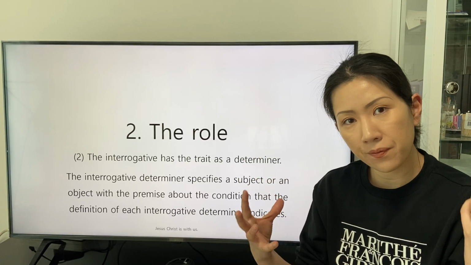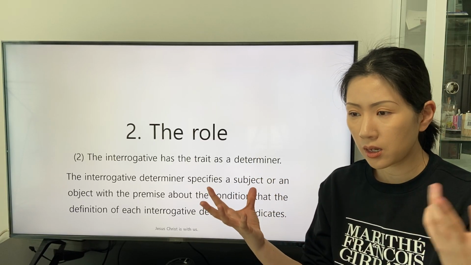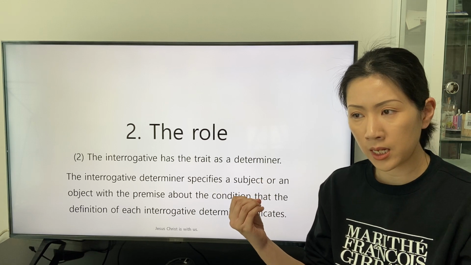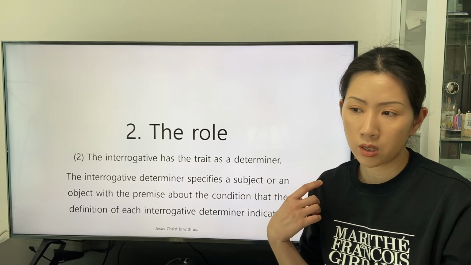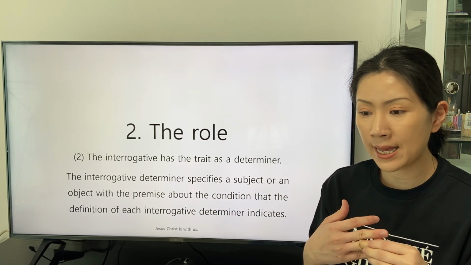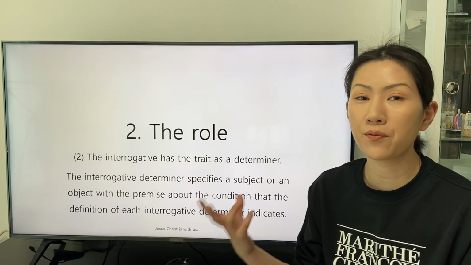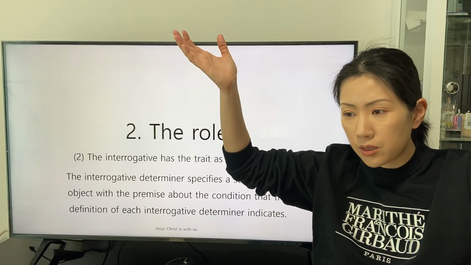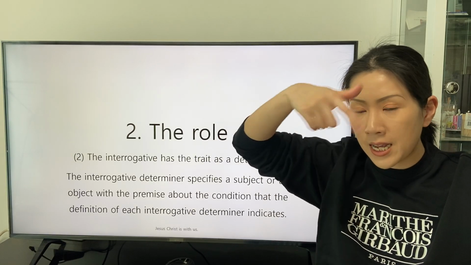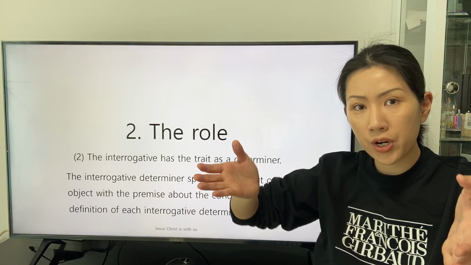Then the interrogative determiner is able to be understood as a descriptive word that makes the range of the indication narrower.